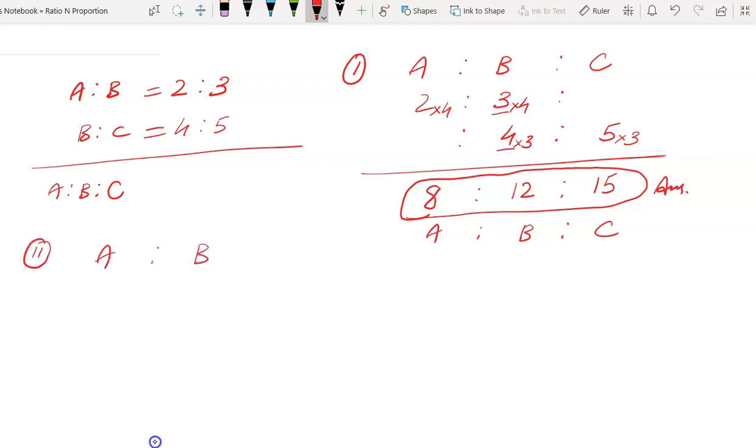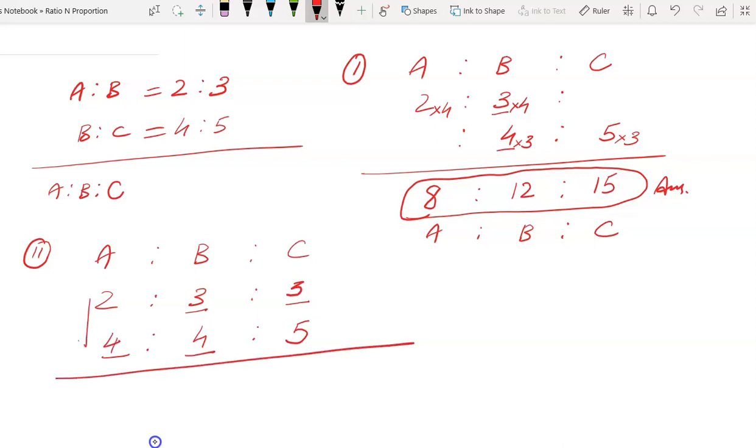A is to B is to C. A is to B is 2:3, and B is to C is 4:5. Now what you can do, this is gap and this is gap. What you need to do, this is 3, so you will simply write 3 here. This is 4, you will write 4 here.